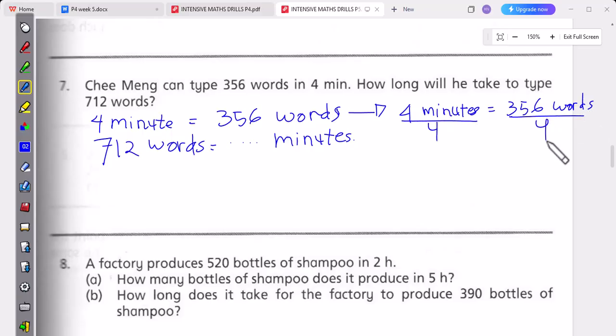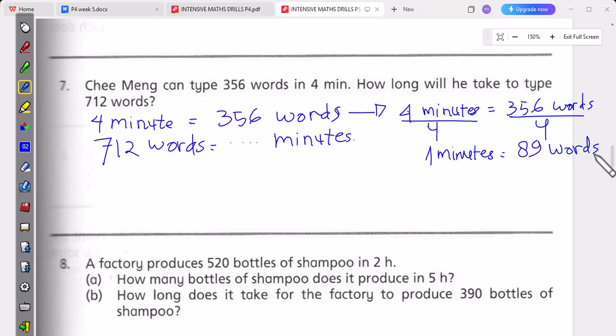So later we will get 4 divided by 4, 1 minute, equal to 356 divided by 4, 89. So in 1 minute, Chimeng can type 89 words.